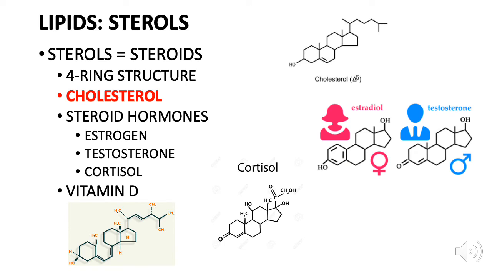Our third category of lipids are sterols. Sterols, commonly referred to as steroids, bear no chemical resemblance to either the phospholipids or the triglycerides. Sterols have a characteristic structure, and you'll see it repeatedly on this particular slide. It's a 4-fused ring structure.